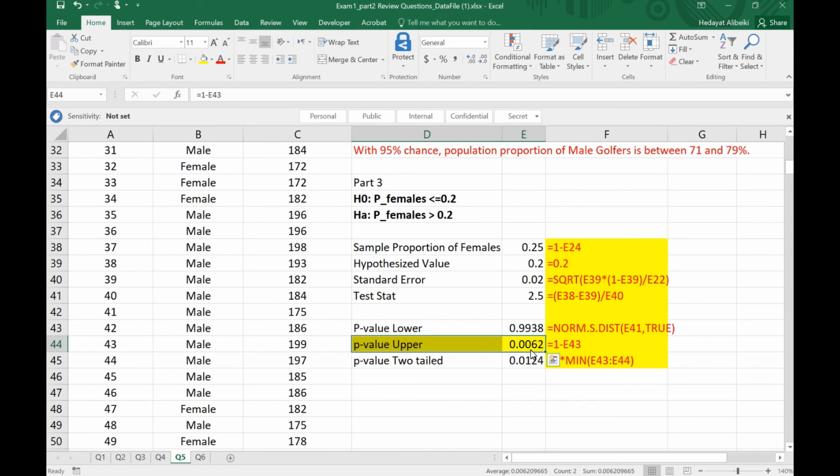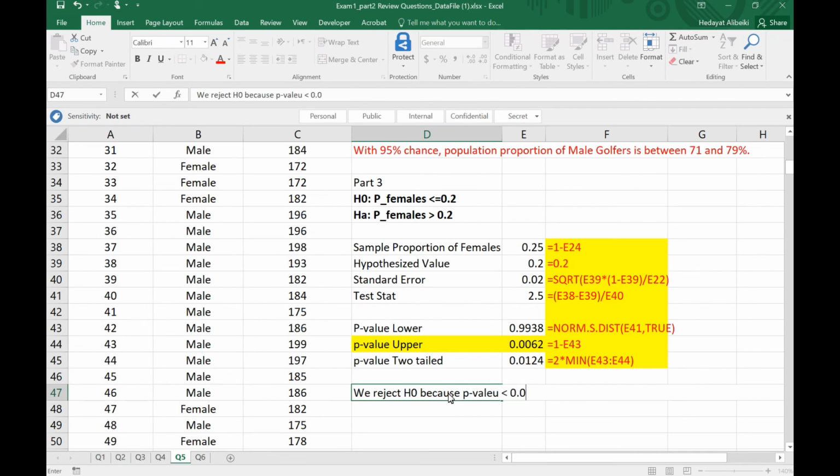And now we compare this to alpha. The rule was to reject the null hypothesis if the p-value is lower than alpha. So we reject the null hypothesis because the p-value is lower than alpha of 5%, and conclude that, what would be our conclusion?